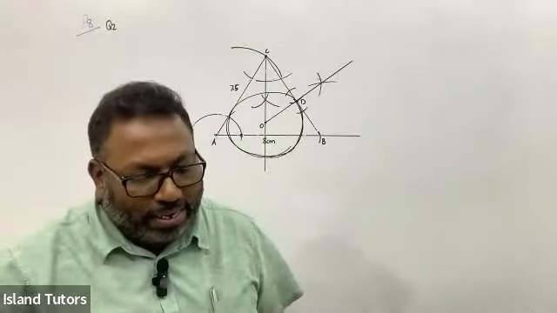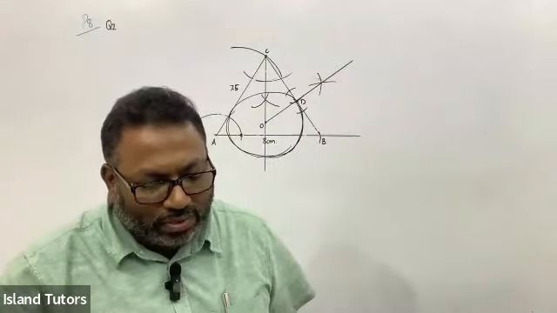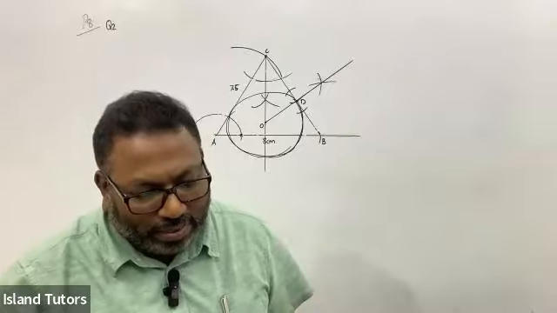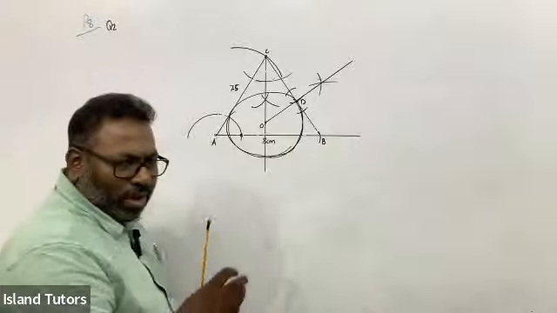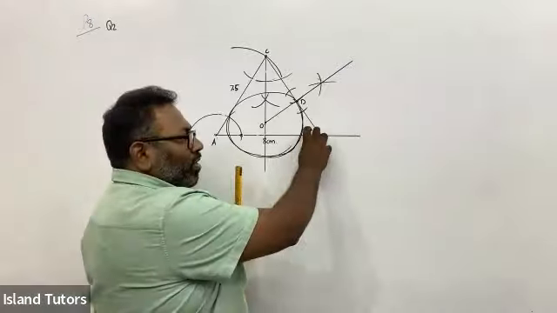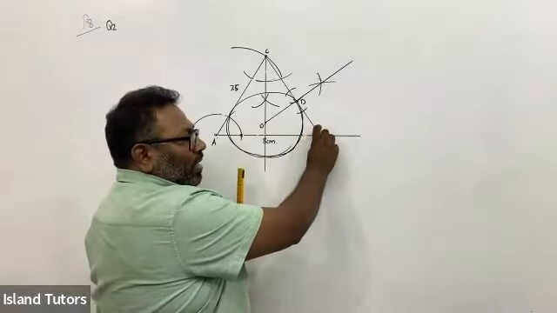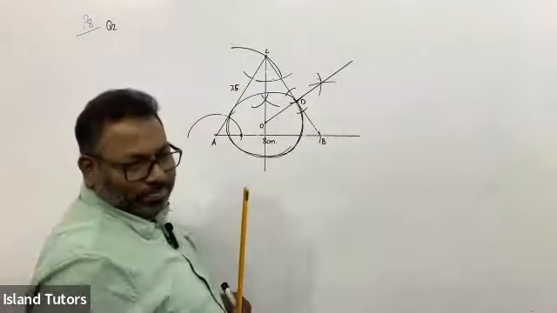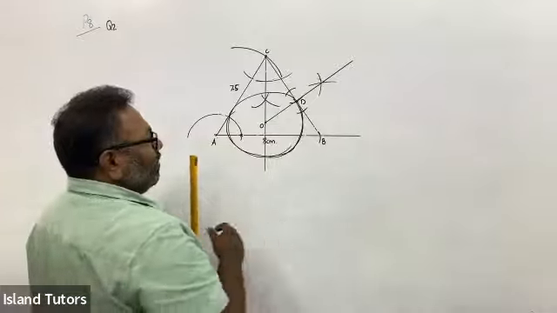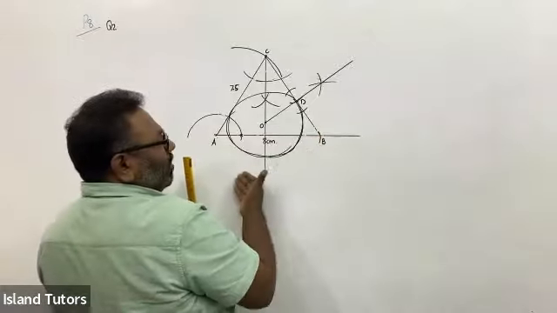Then they are saying from B, construct another tangent to the above constructed circle and name the point at which it touches the circle as E. So we know a point away from your circle and the tangents that are created are going to be equal. They are saying draw another tangent on this side.